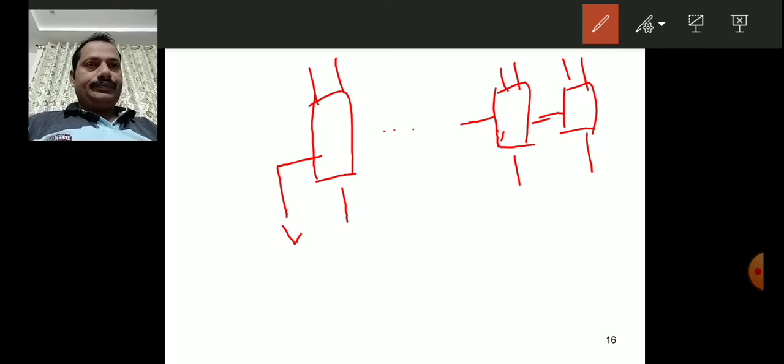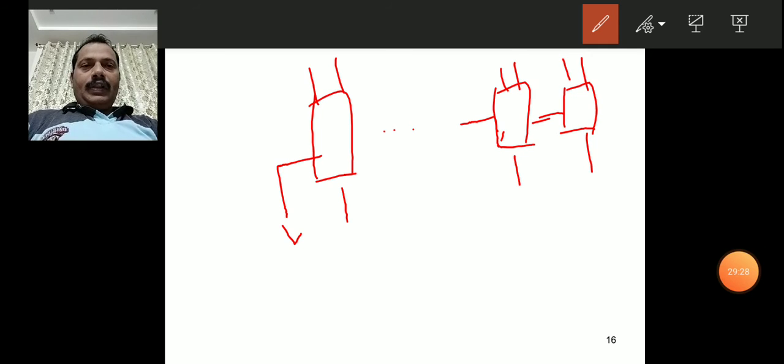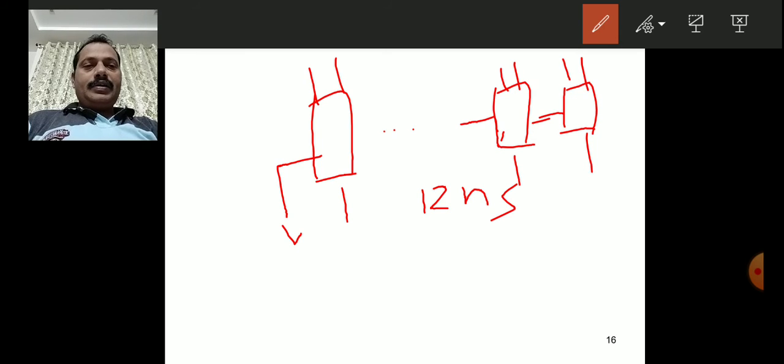Now let us see. Now the carry propagation delay of each full adder is 12 nanoseconds, and sum propagation delay of each full adder is 15 nanoseconds. So this is 12 nanosecond propagation delay, and sum propagation delay is 15 nanosecond. So this is the case.